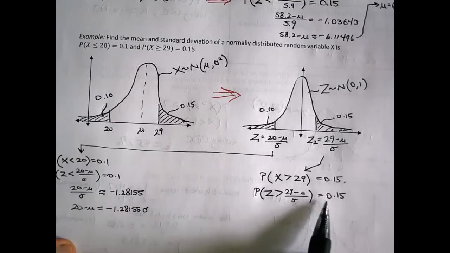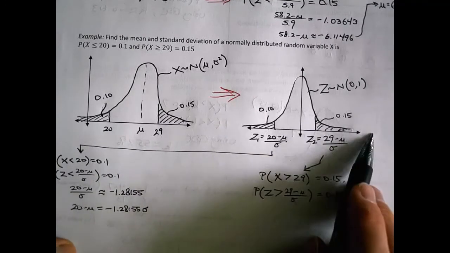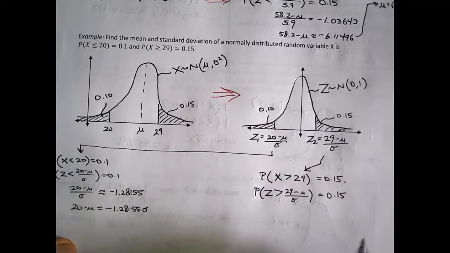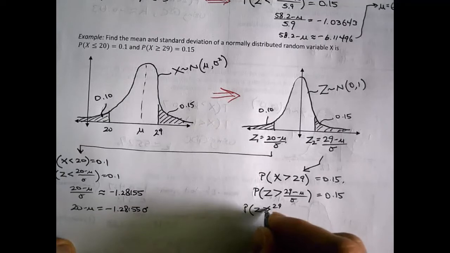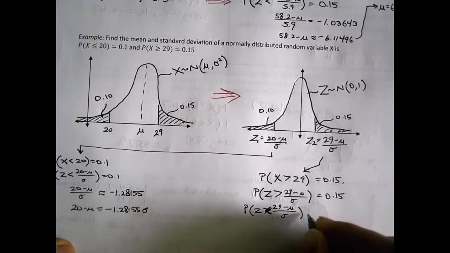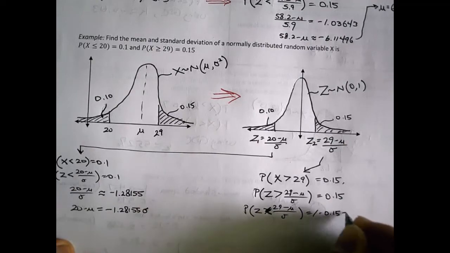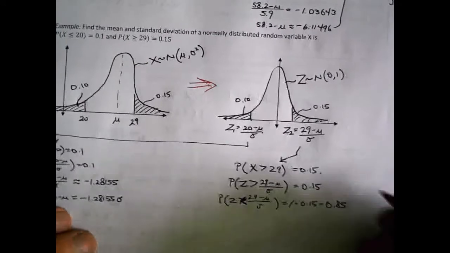I can't solve this with my calculator because I can't look at a tail that's greater than a cutoff. I have to look less than a cutoff, so I have to use the complement. So that's less than 85%. That's the complement.